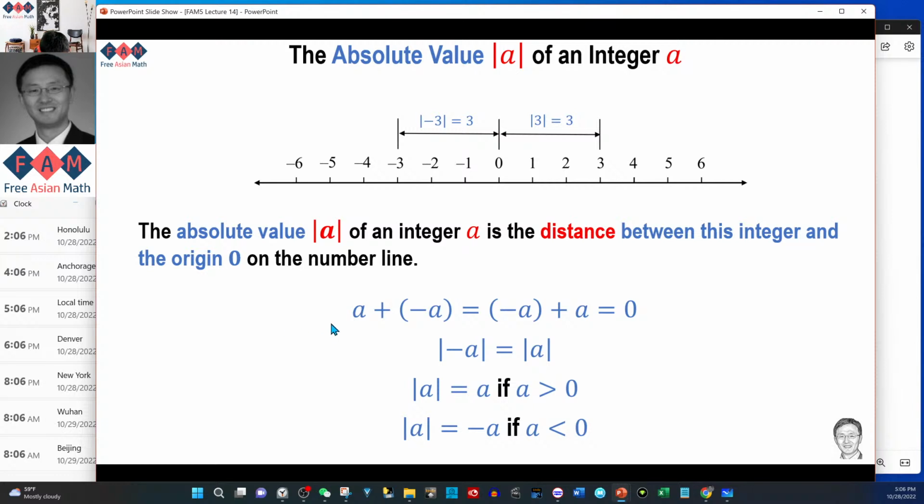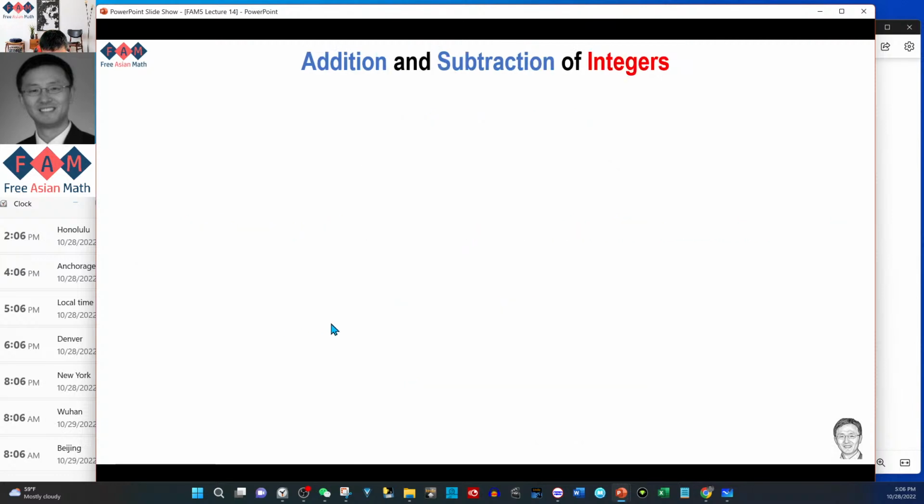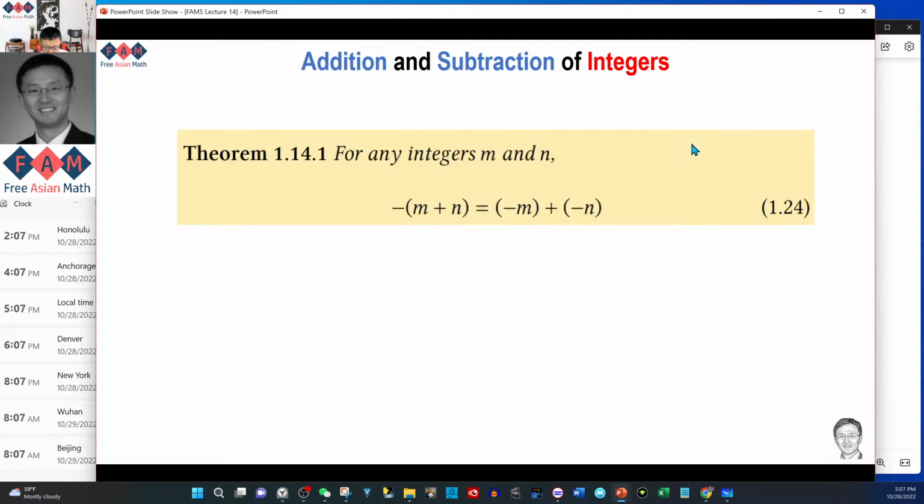So now, with this understanding, we want to really discuss the general addition and subtraction arithmetic of integers. Any integers. So, we first have a theorem. And this is something that may come as a surprise.